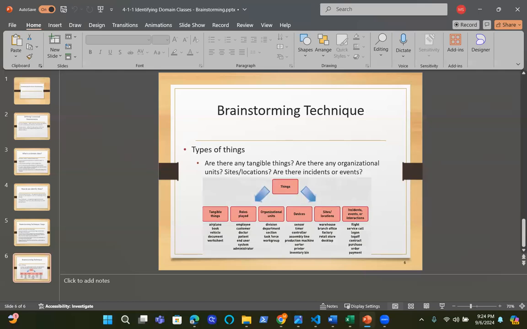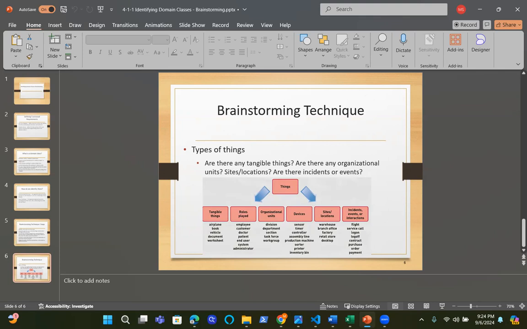Devices, sensors, timers, controllers. Each one of those devices also becomes a class. A site or a location, like a bank branch office. We have multiple branches for that bank or for that warehouse, and the system must remember them, so we go ahead and create classes for each one of those branches.